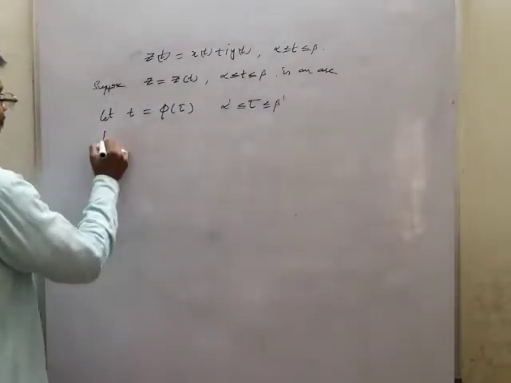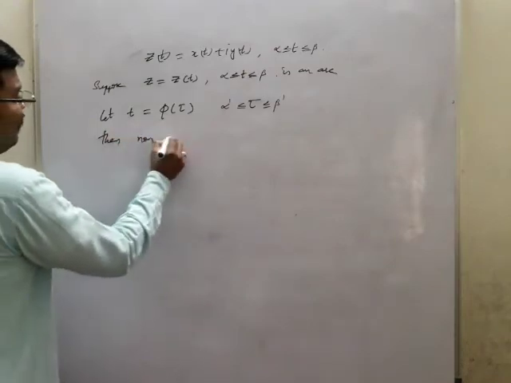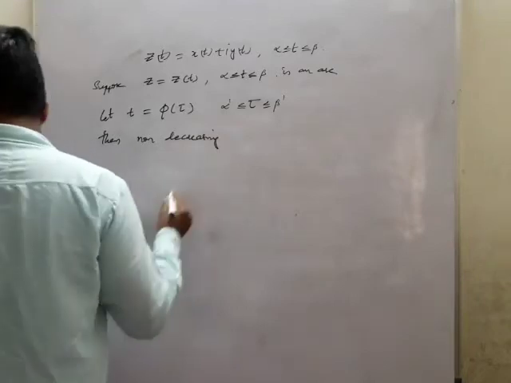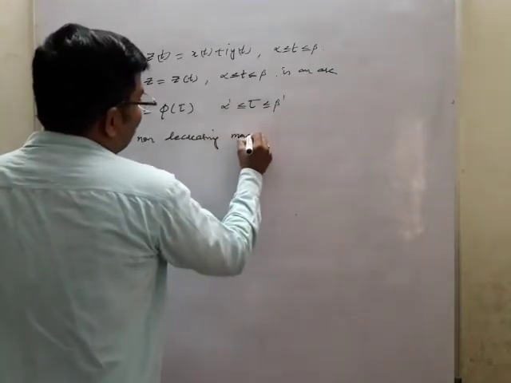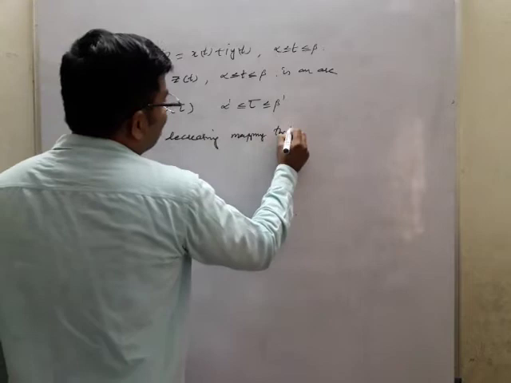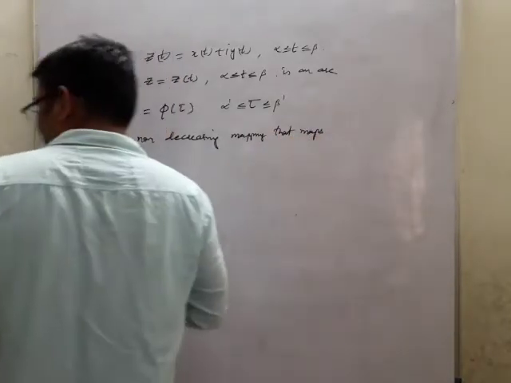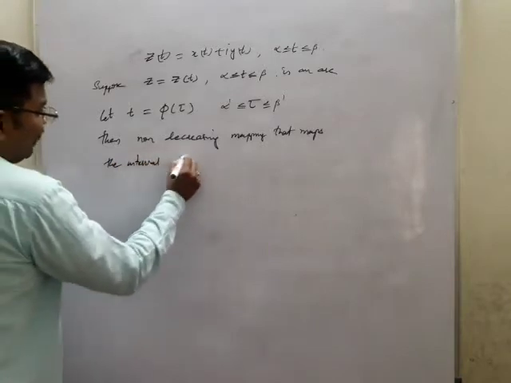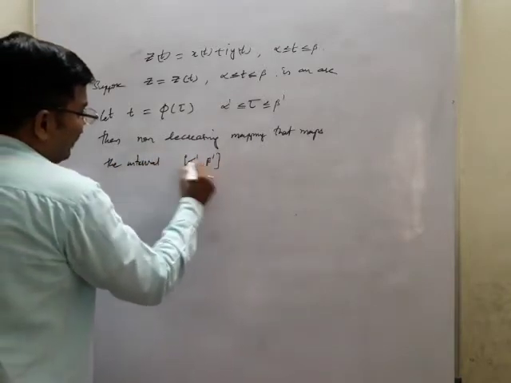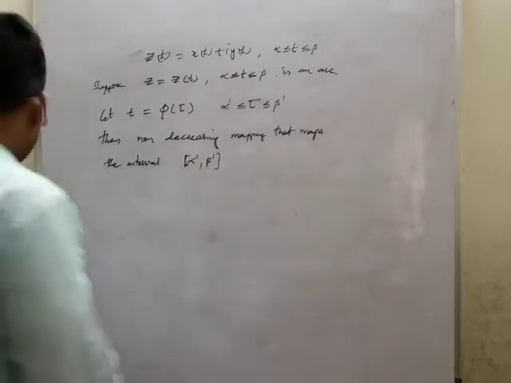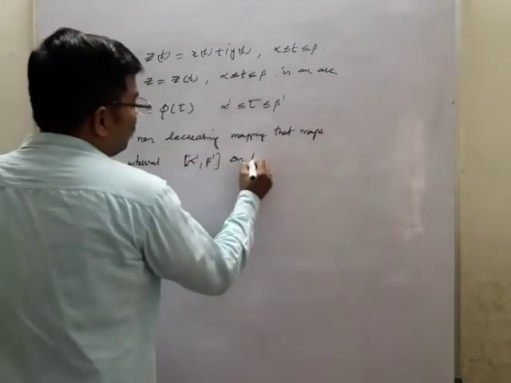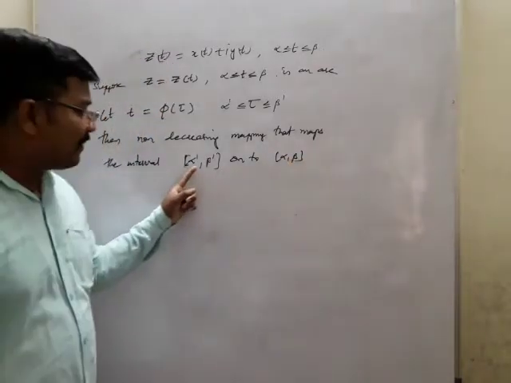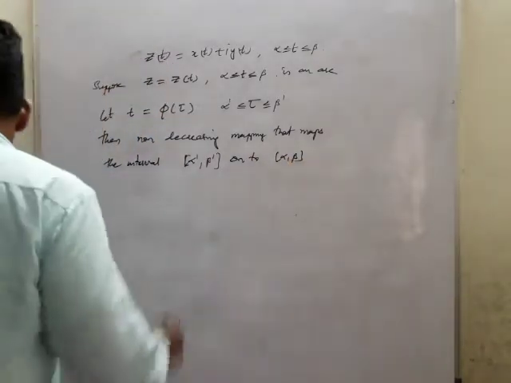Then it is a non-decreasing mapping that maps the interval alpha dash, beta dash onto alpha, beta.